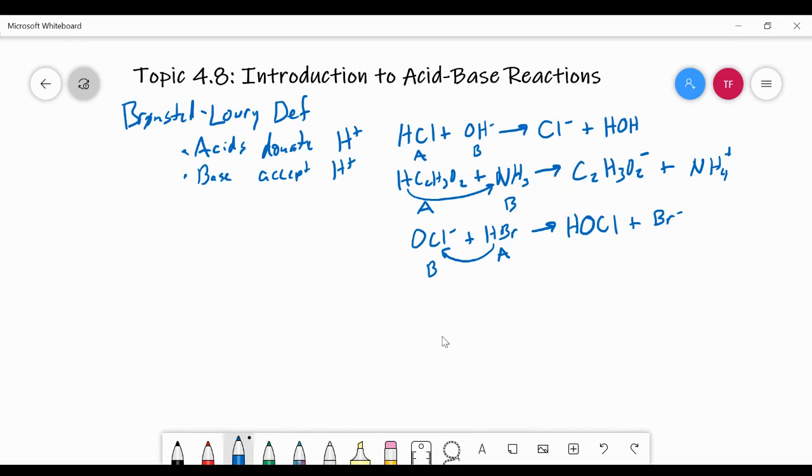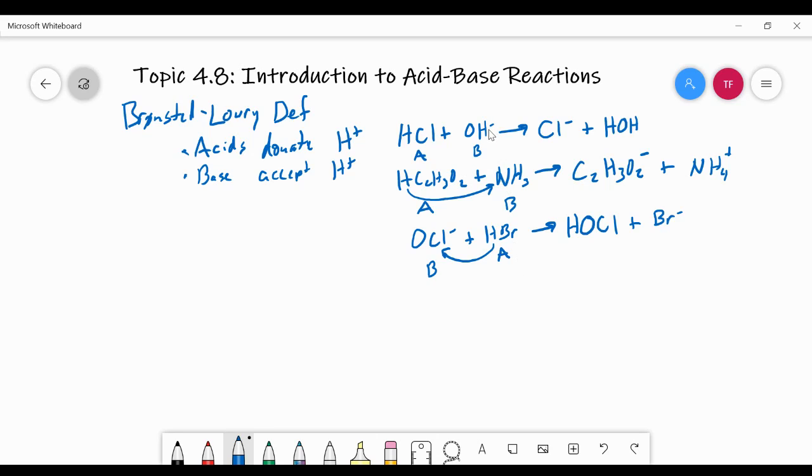the substance that gained the hydrogen is the base. So you might be asking yourself, how do I know how these things occur? And the answer is you have to know what the acids are. You have to know some common acids and know how they behave, and common bases also. So there are some patterns here.